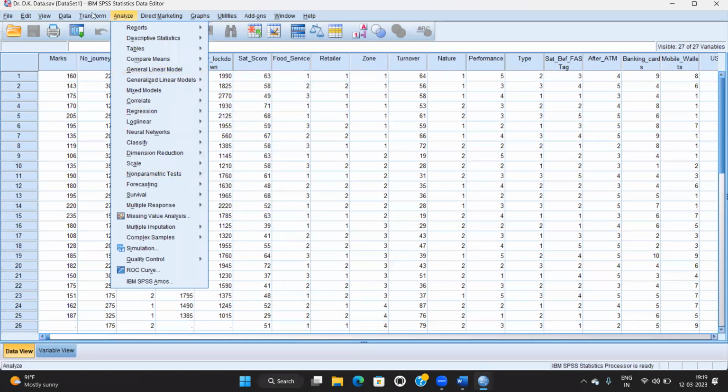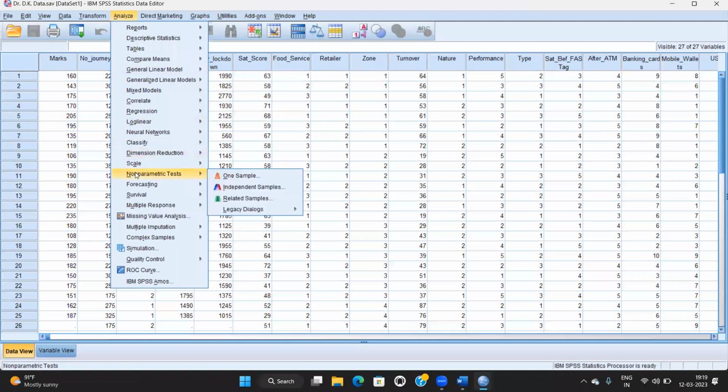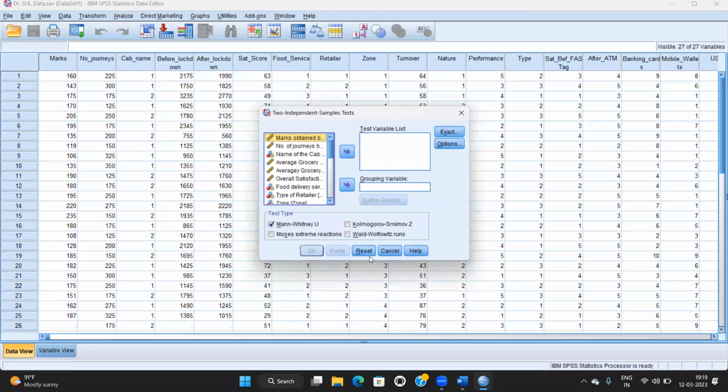So let me repeat the procedure once again. Analyze, Non-parametric tests, Legacy Dialogs, Two Independent Samples test. If you click that, a window will appear like this. Here, first of all, we have to select the test variable.